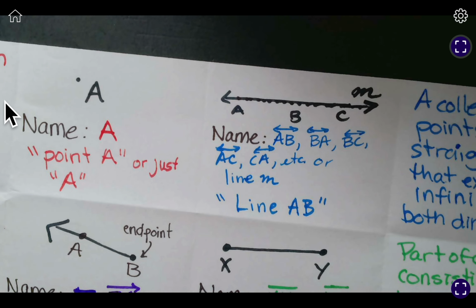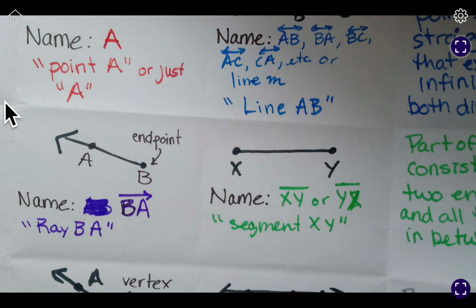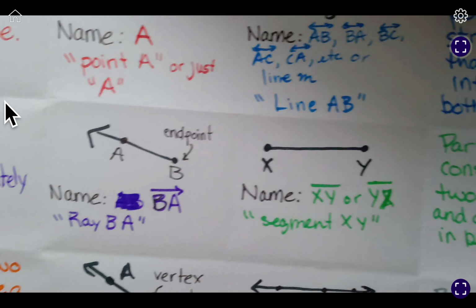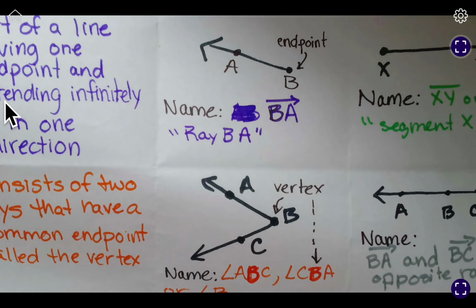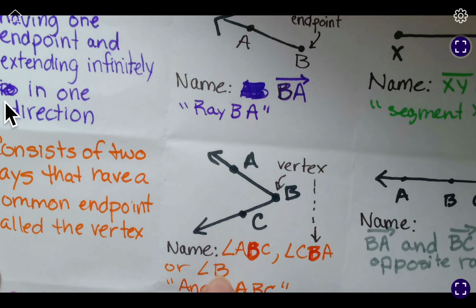What are you talking about? Or is it 2 points? So when you say it, make sure you say the name, or else we're not going to know what you're talking about. Okay? And that's, so angle again. Make sure the vertex is the middle letter, or it can be sitting by itself.